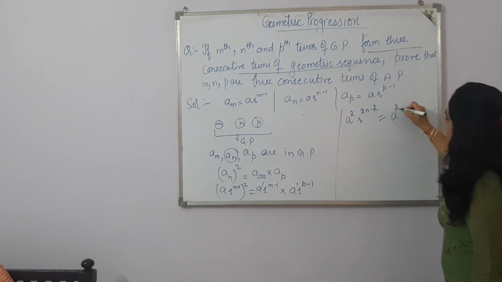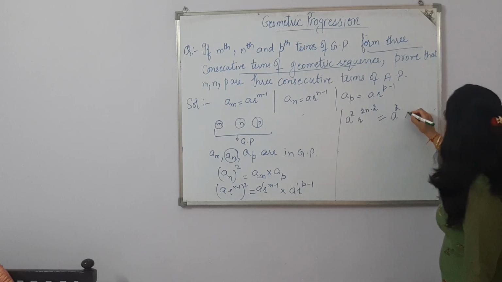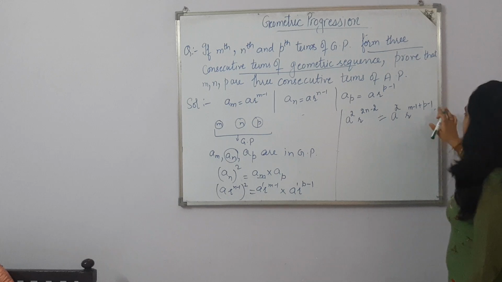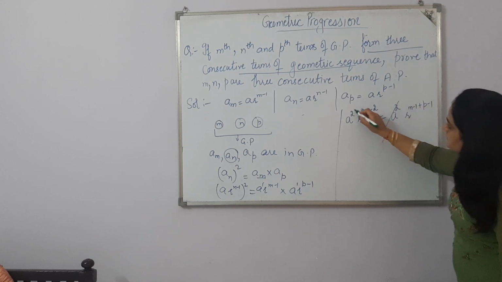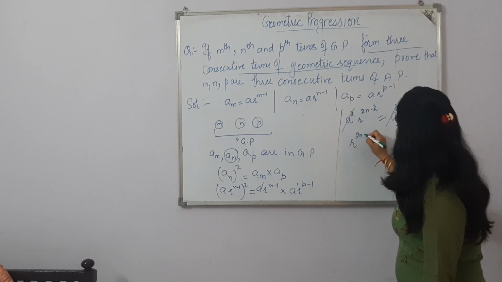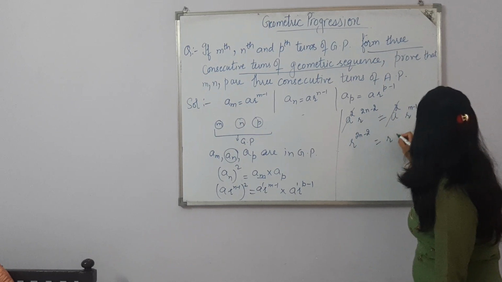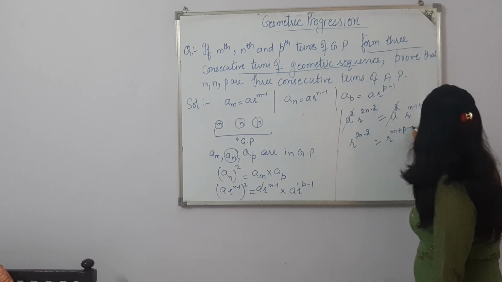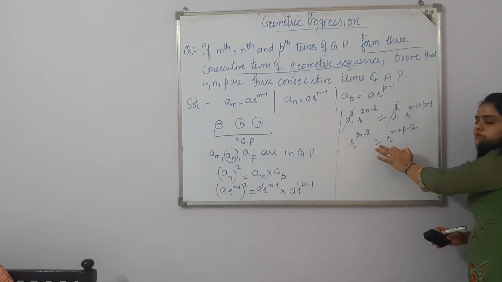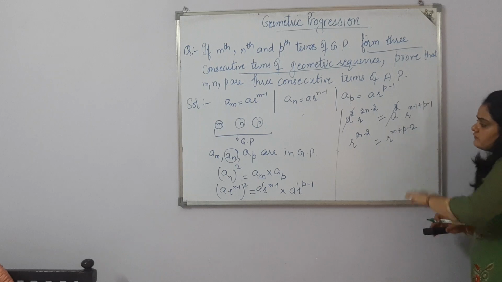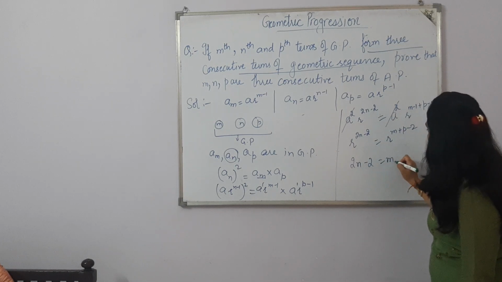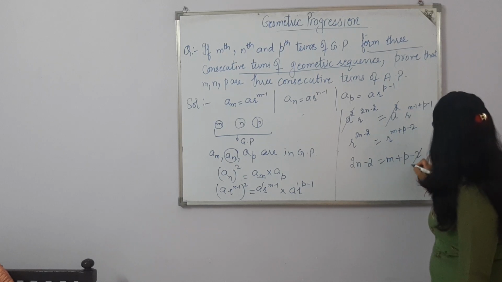It becomes a raised to power 2 and r raised to power m minus 1 plus p minus 1. So a square will cancel out with a square, but what remains is r raised to power 2n minus 2 equals r raised to power m plus p minus 2. Their bases are the same and the equal to symbol is there, so we can equalize the powers as well. 2n minus 2 is equal to m plus p minus 2.